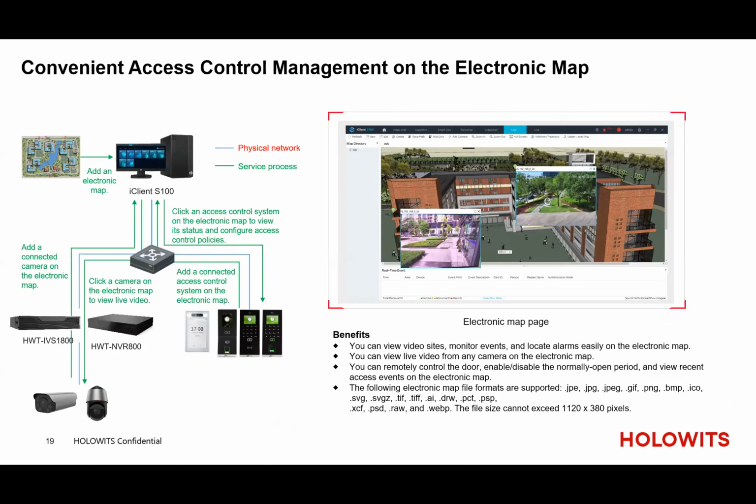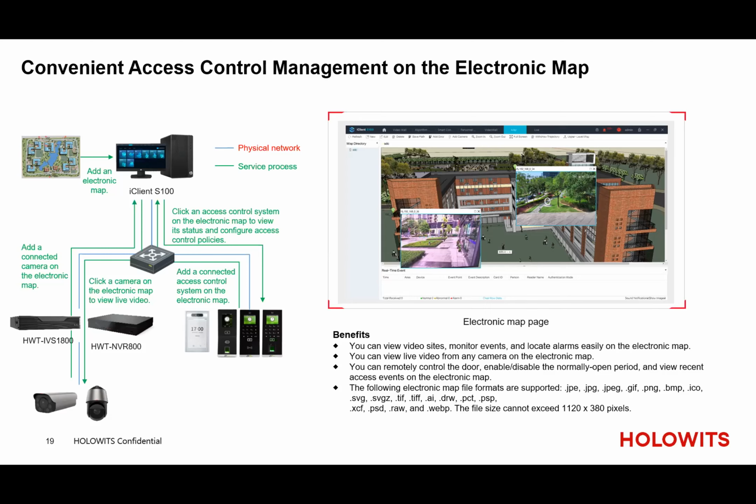Now, this is an electronic map. Here is mainly a picture map, but not a network map like Google Maps. We can put the cameras and some security equipment, such as access control equipment. This can add points on the map. After adding the points, I can quickly watch the video here, and can also open and close the checkpoint remotely.